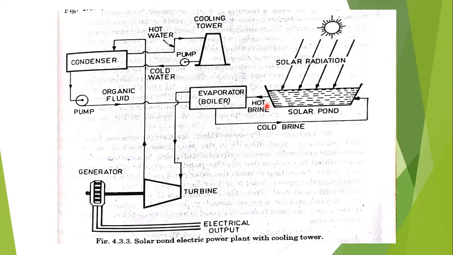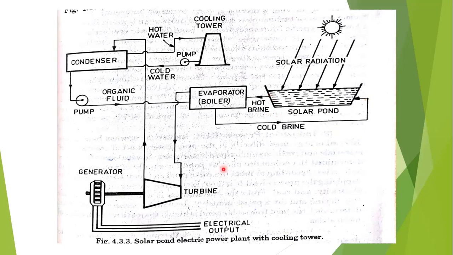So thermal energy from the solar pond is used to drive a Rankine cycle heat engine. This cycle is called the Rankine cycle heat engine. Here, if you see, this is a solar pond. It receives solar radiation, and heat is trapped at the bottom, and that trapped heat is extracted out through the hot brine.